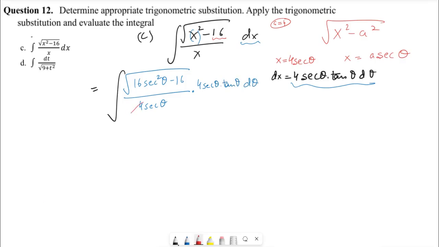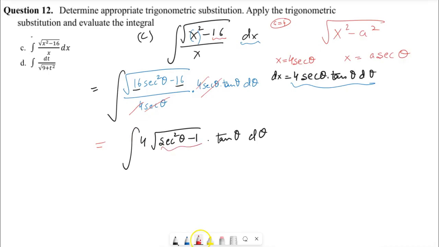You guys notice the 4 can cancel, the secant theta can cancel. So what we have here is, 16 can be factored out, and the square root of 16 is 4. The square root of secant squared theta minus 1, times tangent theta d theta. We know that secant squared theta minus 1 is equal to tangent squared theta.